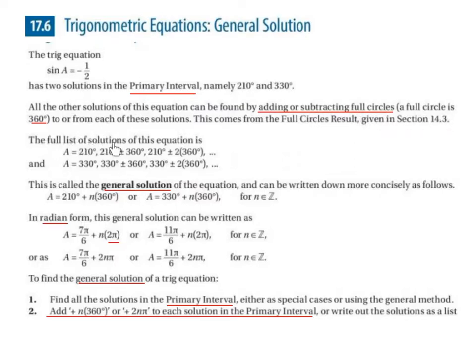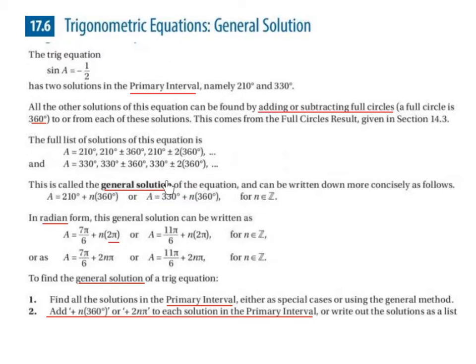The full list of solutions of this equation is A equals 210 degrees, 210 degrees plus or minus 360 degrees, 210 degrees plus or minus 2 times 360 degrees, and so on. And A equals 330 degrees, 330 degrees plus or minus 360 degrees, 330 degrees plus or minus 2 times 360 degrees.